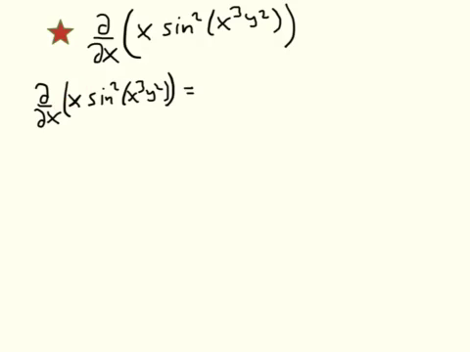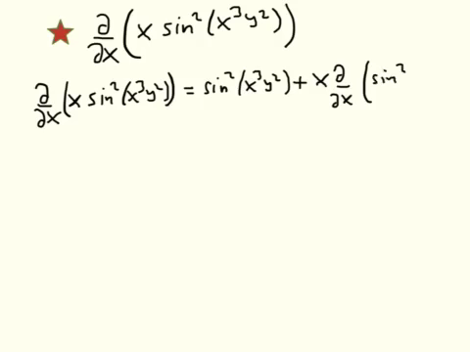It's just the derivative of x with respect to x, which is 1, times this term. So that's just going to give us sine squared of x cubed y squared plus x times the derivative with respect to x of sine squared x cubed y squared, close brackets.